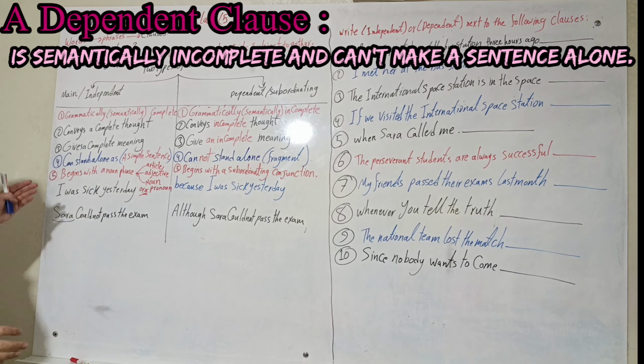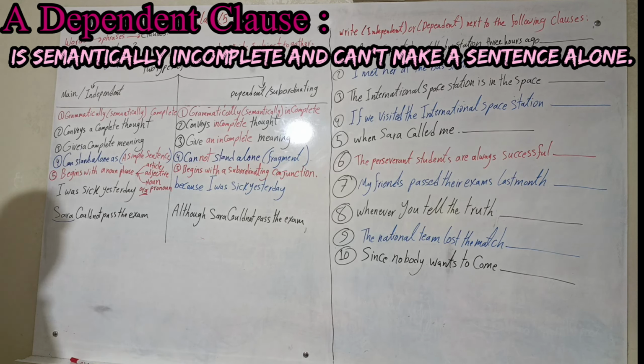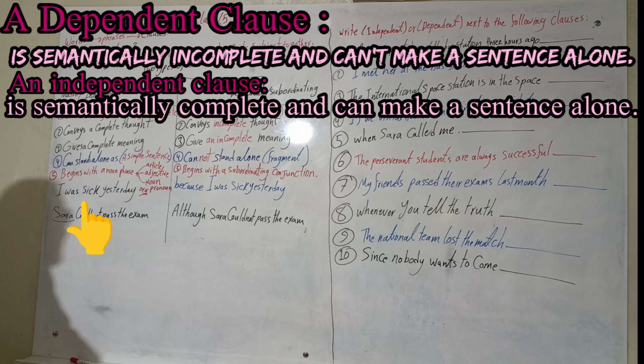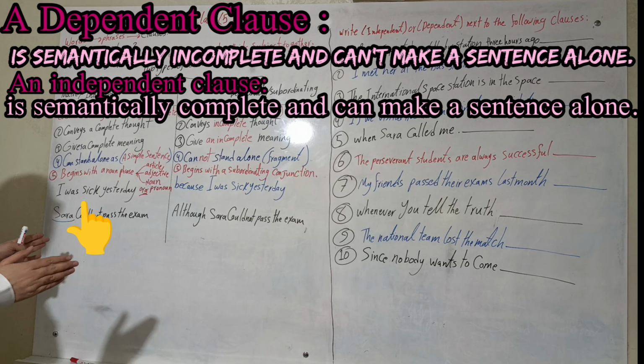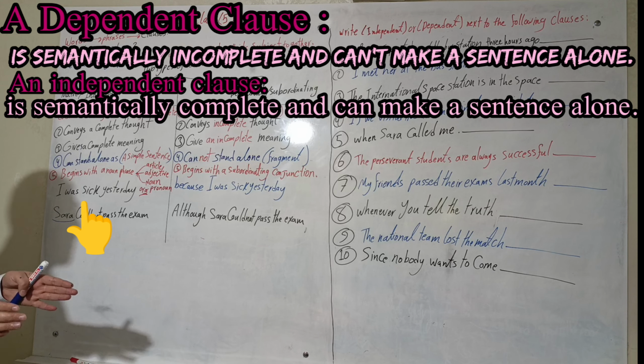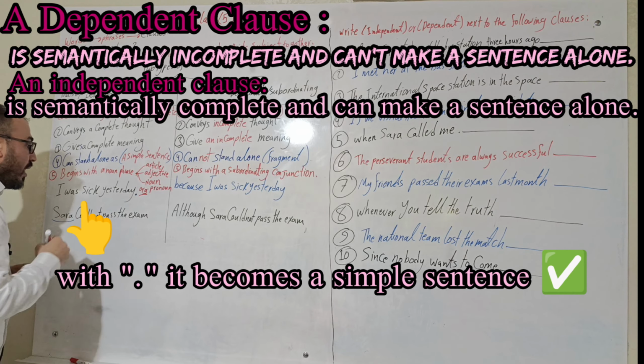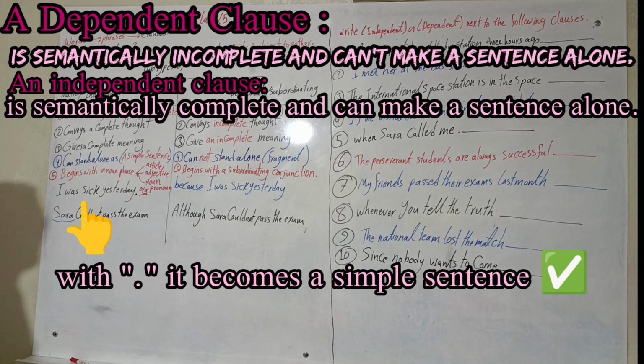Again, my friends, allow me to compare those clauses together. The first one, I was sick yesterday, gives me a full idea. It conveys a complete thought. When someone tells me I was sick yesterday, he can stop. I can put a full stop, so I consider it a simple sentence.